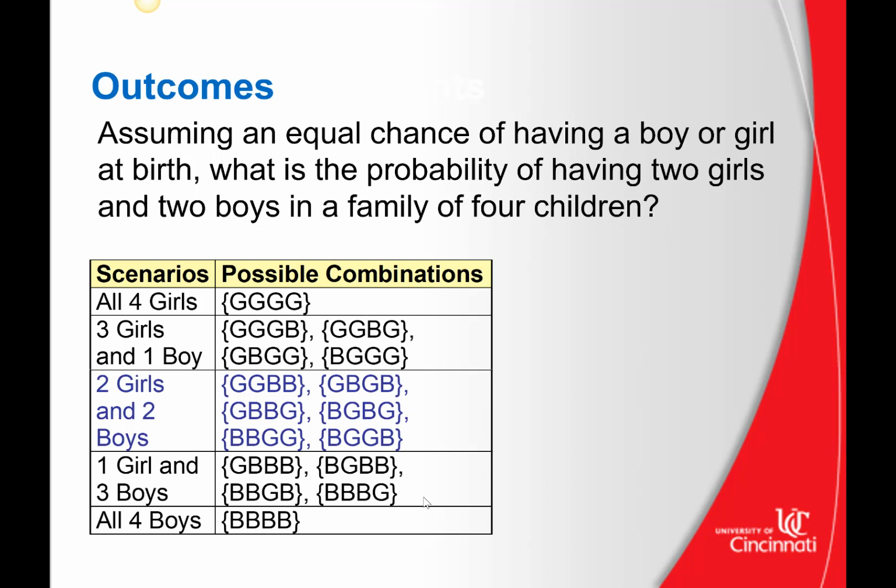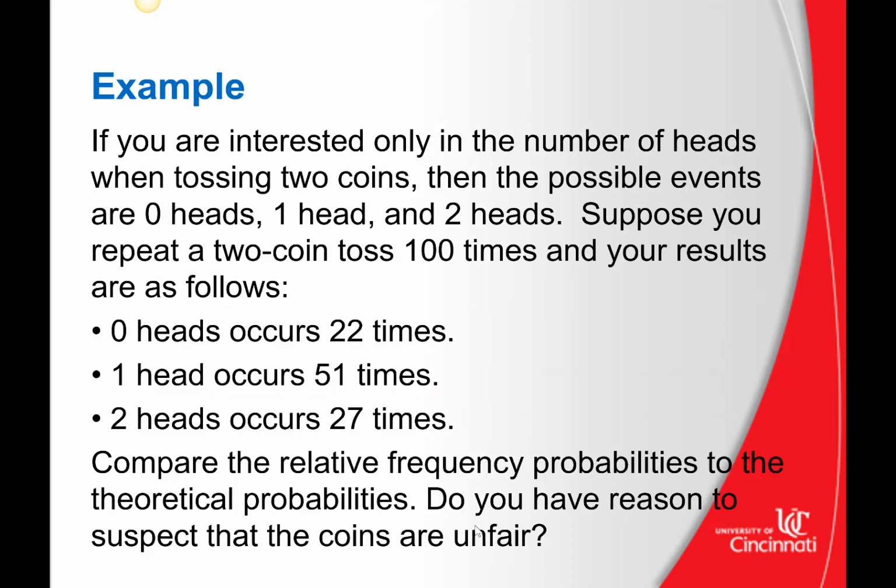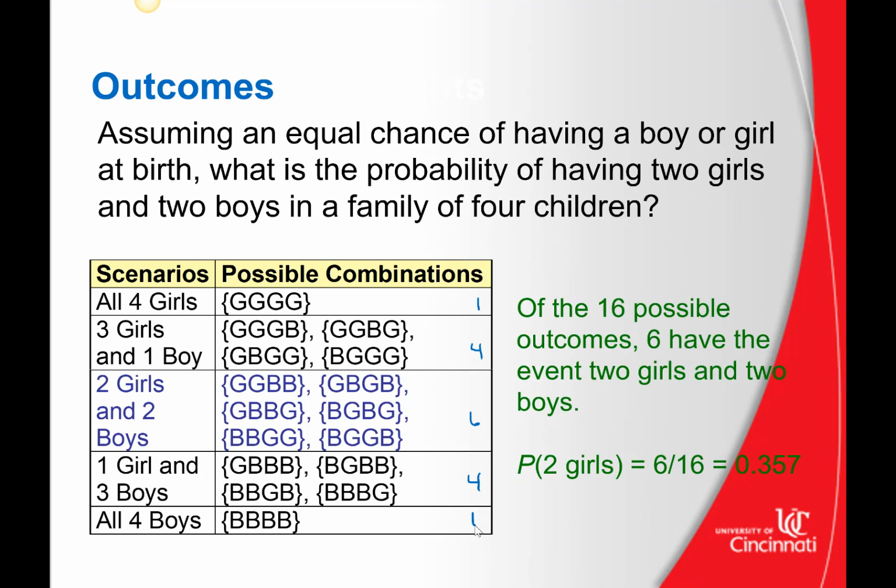What is the probability of a family of 4 kids going boy, girl, girl, boy? Is it very likely or not very likely? Well, if you check on here, how many outcomes are there total? They've already listed all the outcomes for you. Let's see. 1, 4, 6, 4, 1. 16 different outcomes.